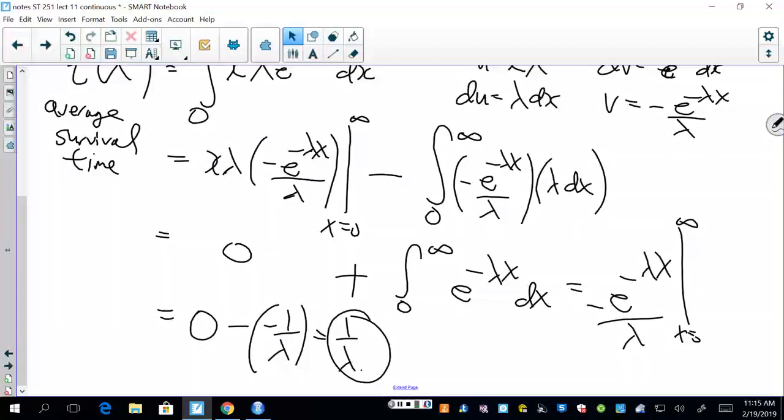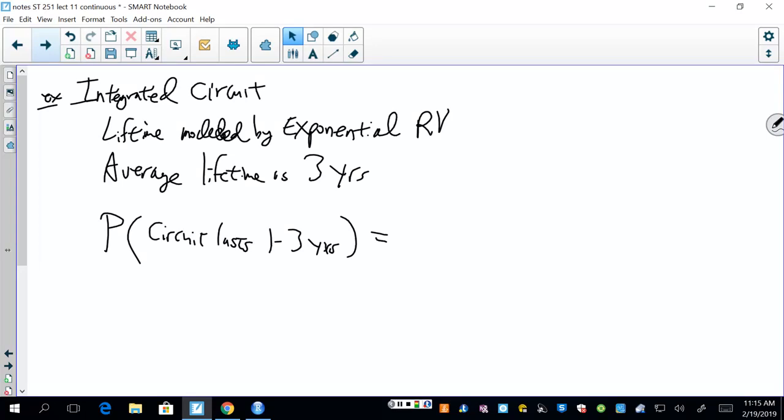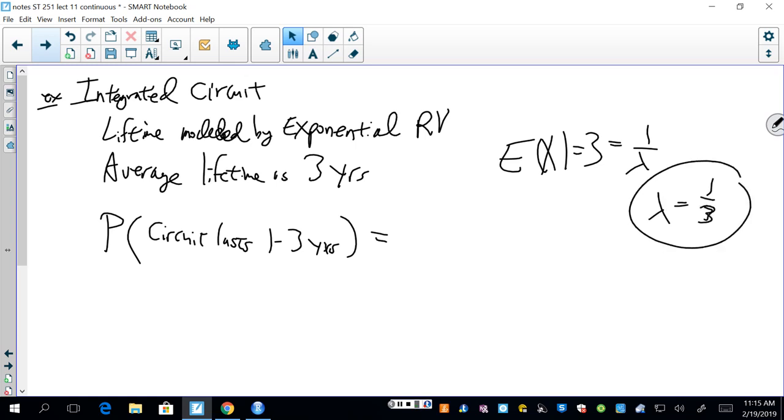Got it, its inverse. You can change how you write the density to make it equal to the mean, but our book and some other books do 1 over lambda. So if the expectation of this random variable is 3, that's 1 over lambda. So we're going to use lambda equals 1/3 as our parameter.